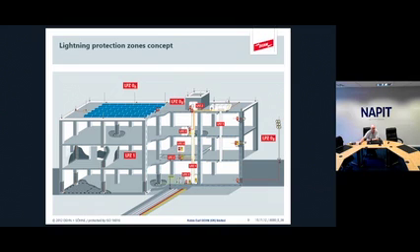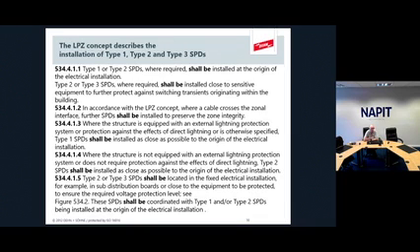And there is a series of regs which we're going to look at now, which is quite prescriptive on how you actually get to this. So in 534.4.11, we've got type 1 and type 2 SPDs where required shall be installed at the origin. And then type 2 or type 3, where required, shall be installed close to sensitive equipment. And this is about protecting against switching transients originating within the structure itself.